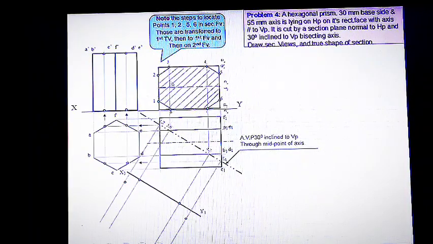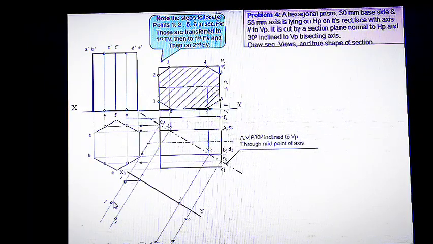Point 8 is on xy line itself, so it is marked here on x1, y1, and point 3 is this much distance away. So copy this distance, mark it along this line. Similarly, point 7 is on xy line, so mark it on x1, y1 line. Similarly, we will get all these points and join them by using straight lines.